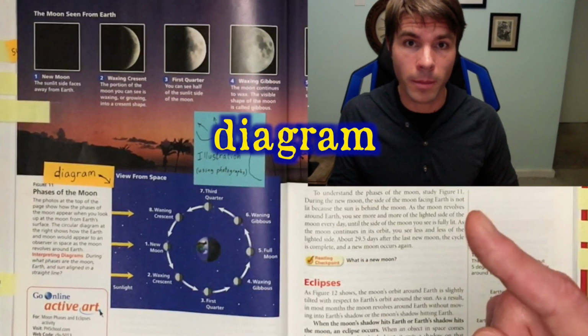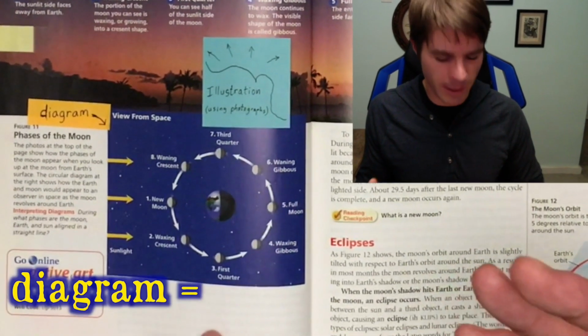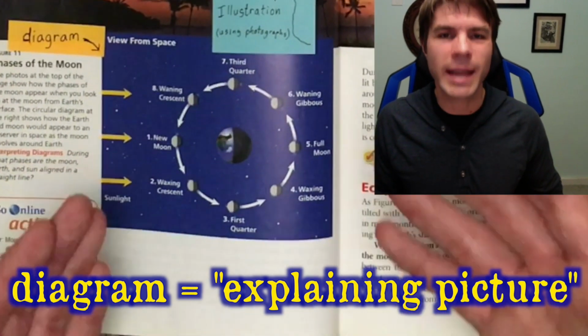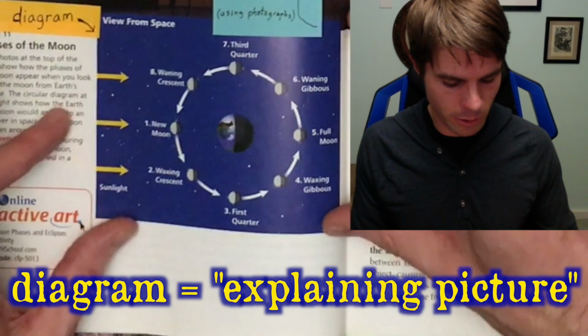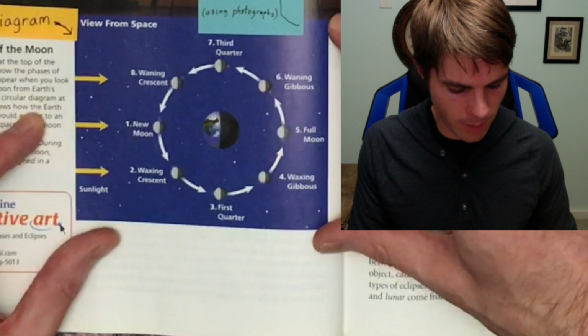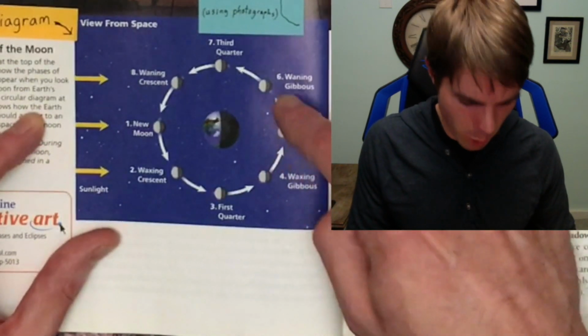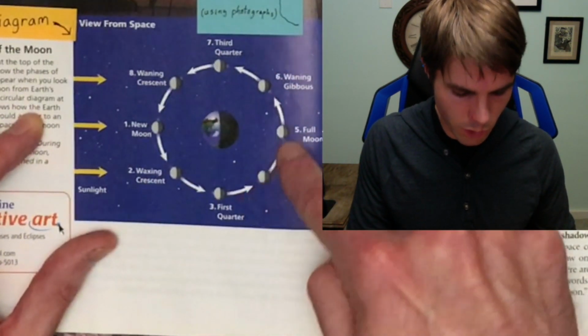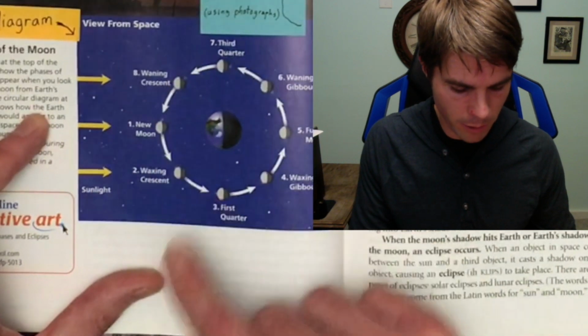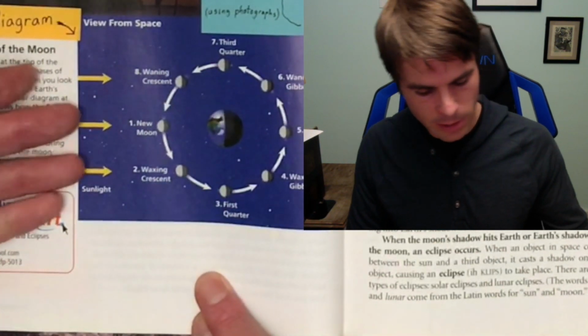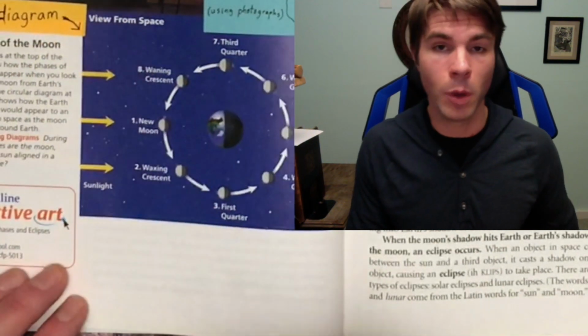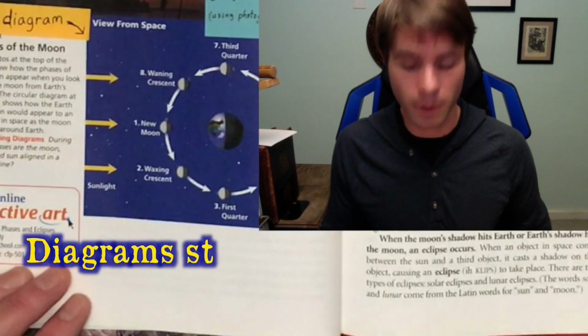This is like time. Oh, there's another word, diagram. A diagram is an explaining picture. So right here we have a diagram that shows us the motion of the moon, which way the moon travels around the earth, and the direction the sunlight comes at both the earth and the moon.